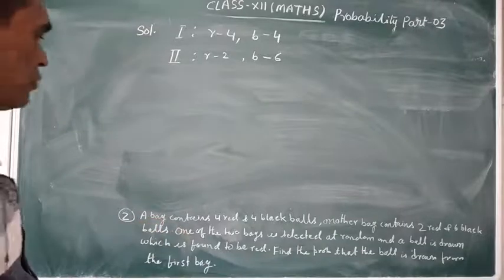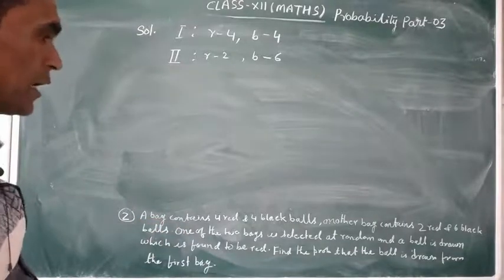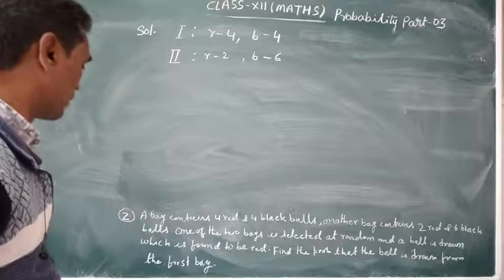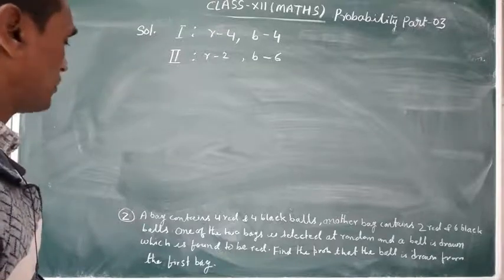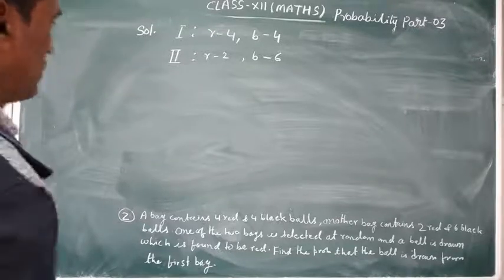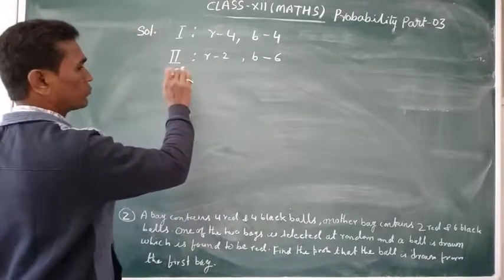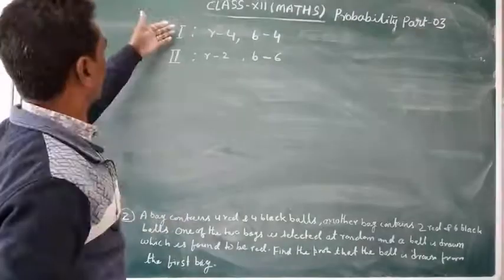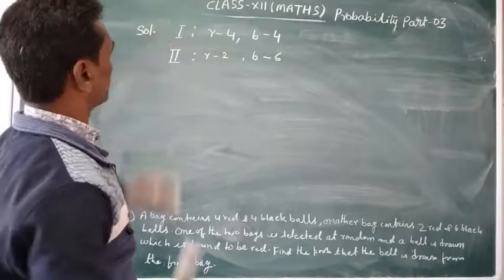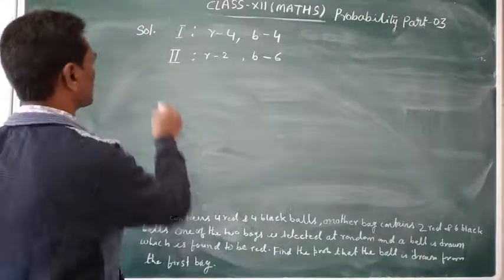One of the 2 bags is selected at random and a ball is drawn which is found to be red. So we have a choice here. We can select one bag from the given 2 bags.